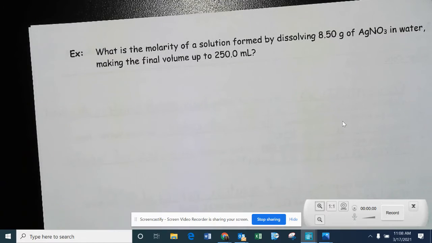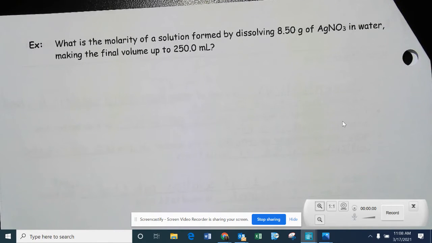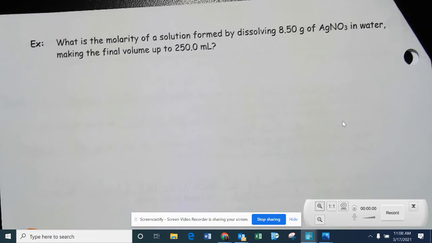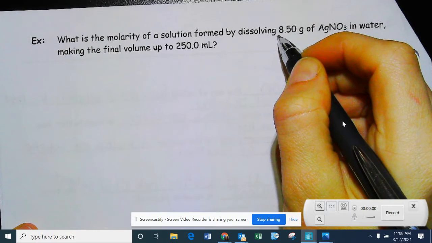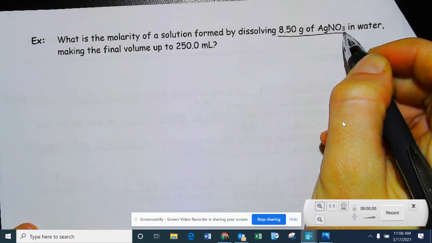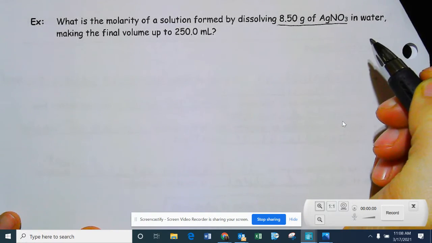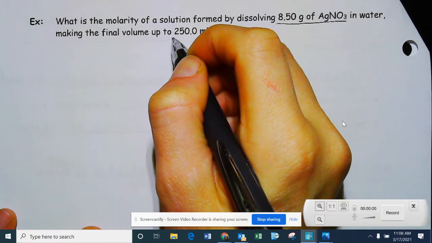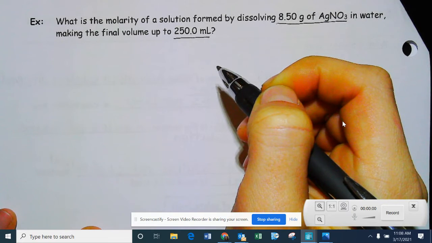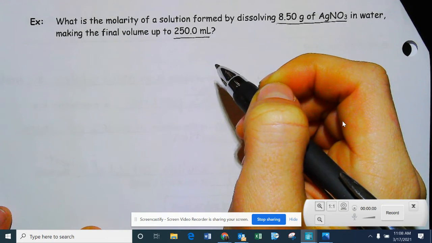All right, so we're going to find some more molarity problems. So I have got 8.5 grams of silver nitrate and water. And then I make the final volume 250 milliliters. All right.